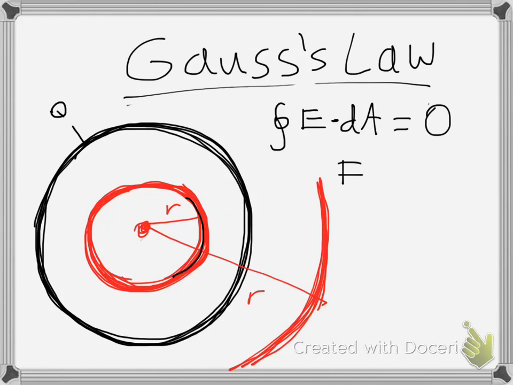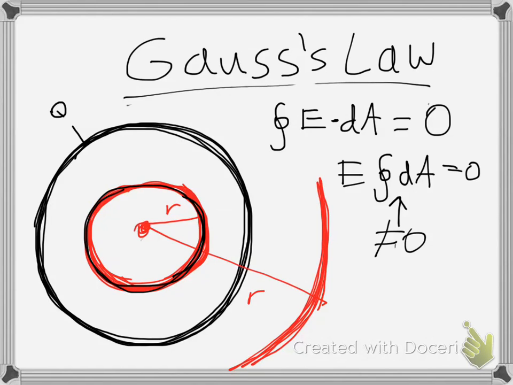So we have E times the integral of dA equals 0. Well, the integral of the area can't equal 0 because this sphere has to have an area because it has a radius r. So it must have an area, so this cannot equal 0. So that means the electric field must equal 0.